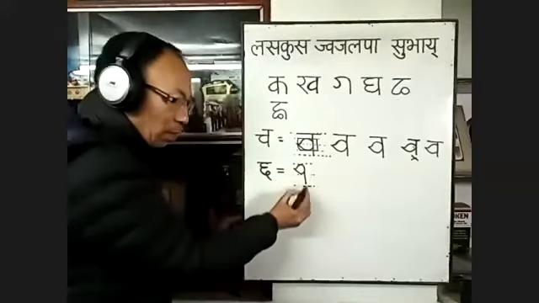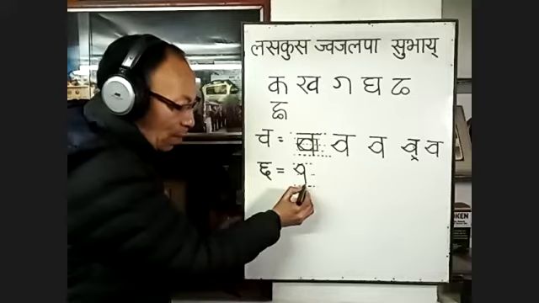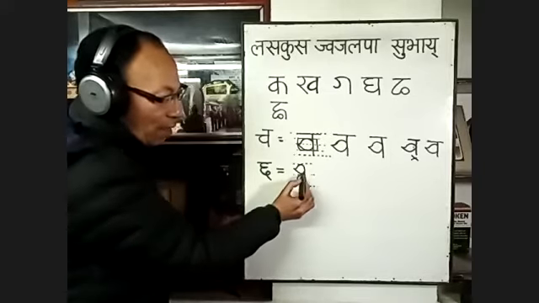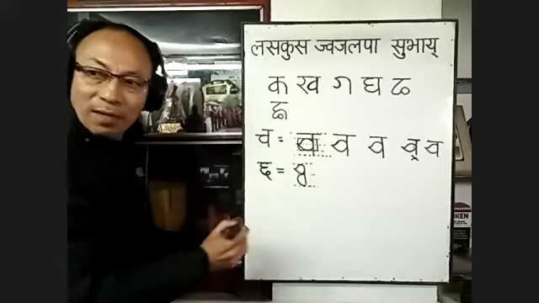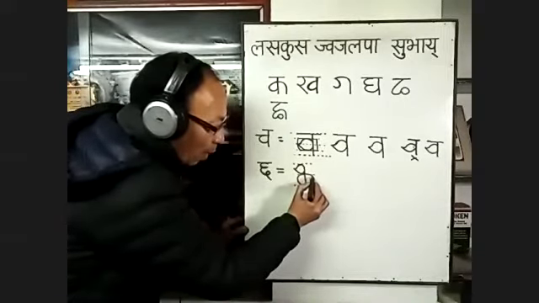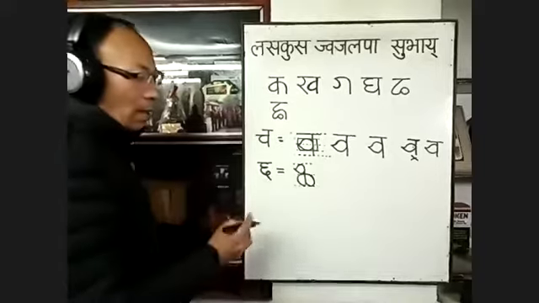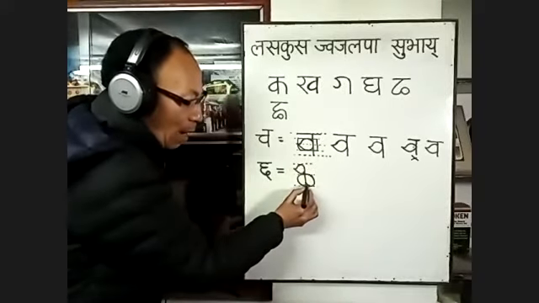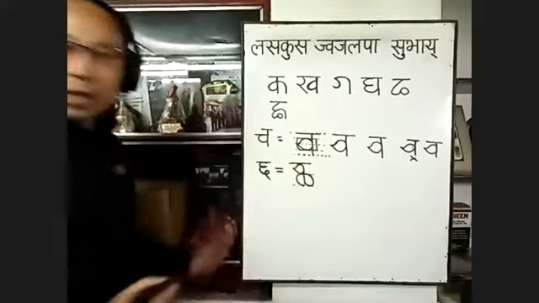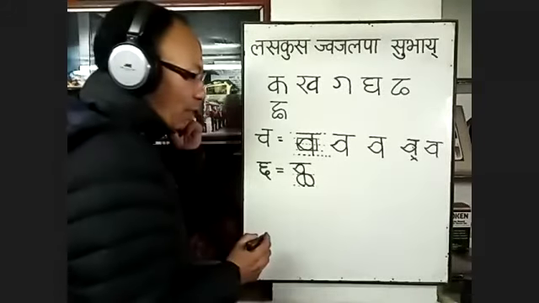And as you reach the bottom of your line, just make it slightly bend and then come up and give this kind of shape, and then you go towards the other side also, and then join this part here and then give more, and this is cha. Okay.